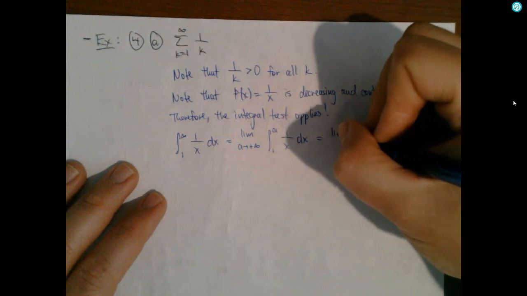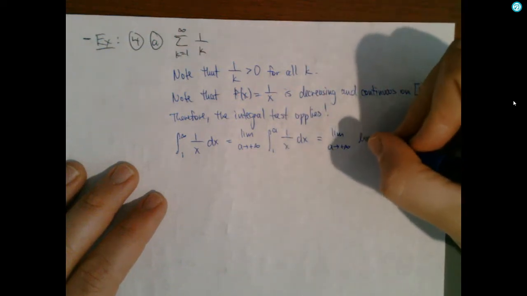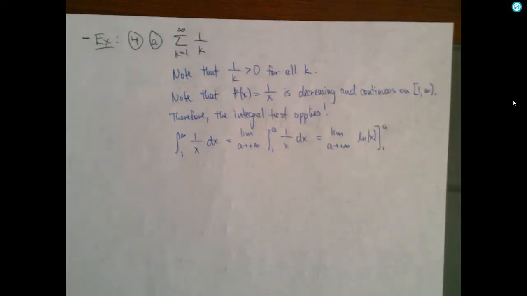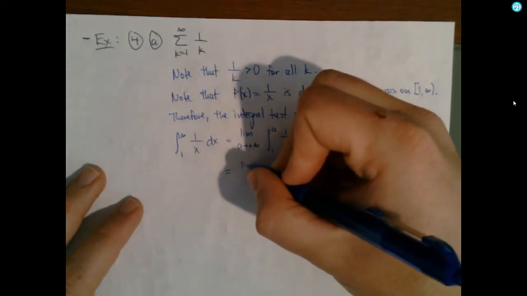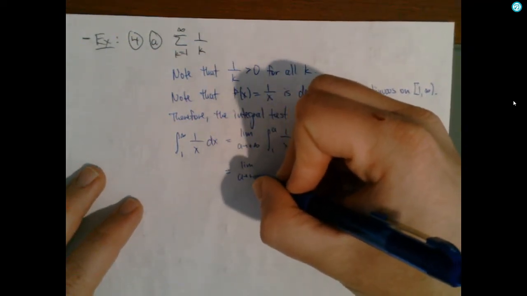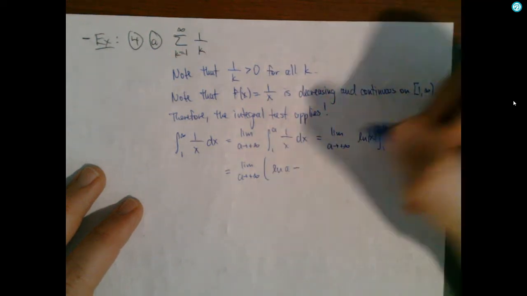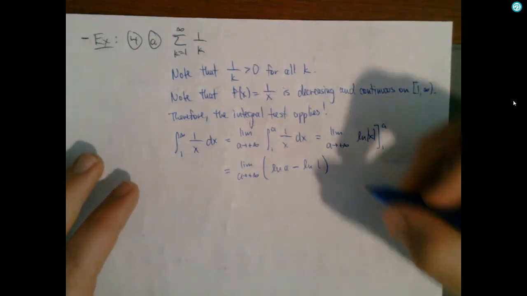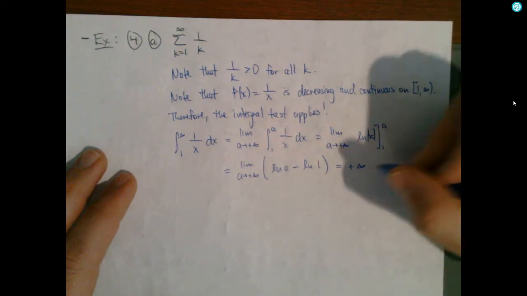That's going to be the limit as a approaches positive infinity of ln of x from 1 to a. And that's the limit as a approaches infinity of ln of a minus ln of 1. ln of 1 is just 0, and ln of a goes to infinity. So this goes to positive infinity, so it diverges.